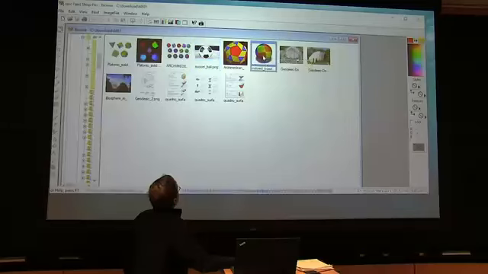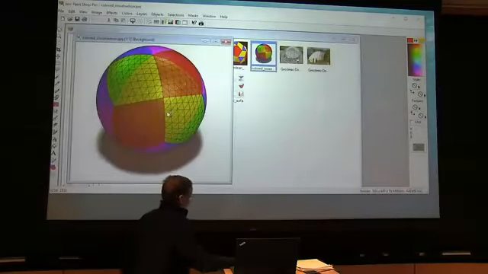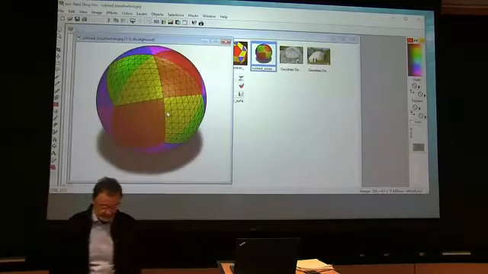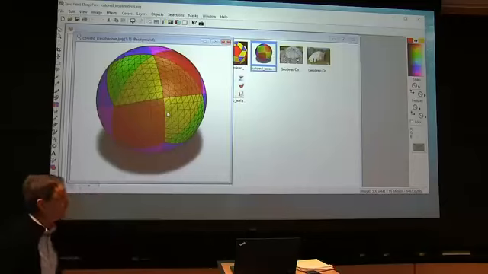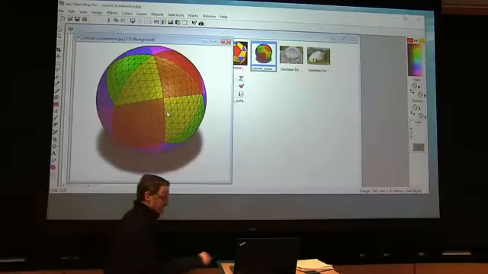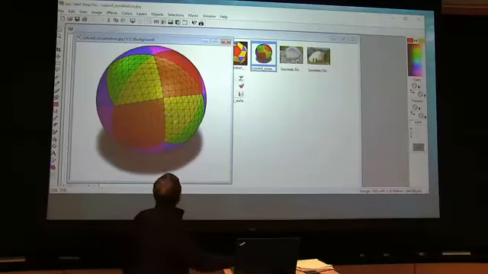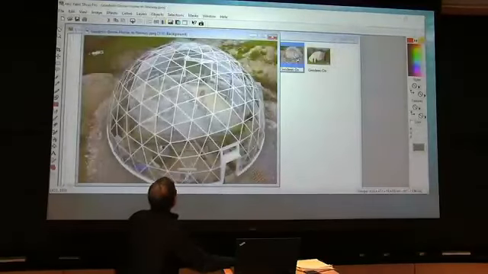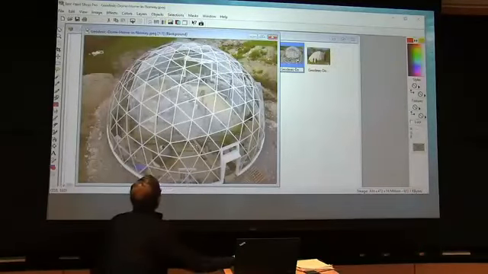Now, if we divide them up, we'll often start off with one of these solids, either Platonic or Archimedean. And here, for example, we've taken an icosahedron and divided it up into lots of triangular areas. That's a popular thing. So here's a geodesic dome.